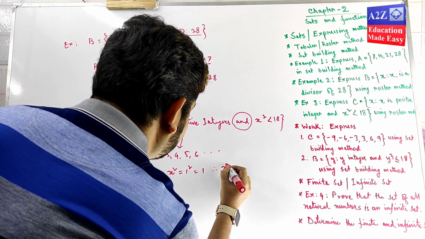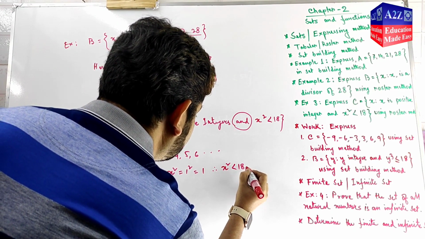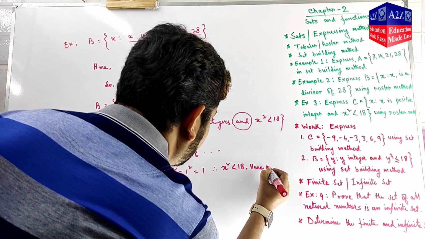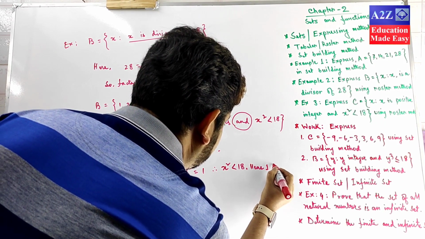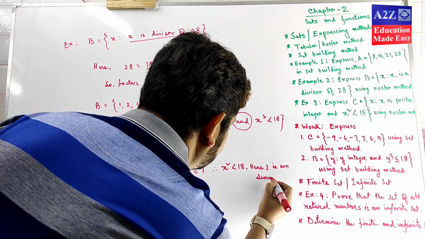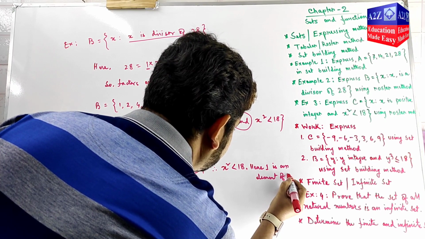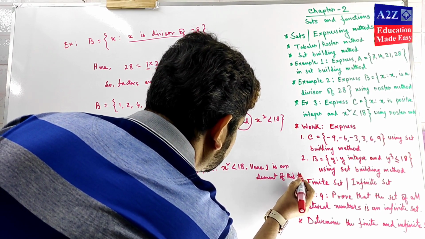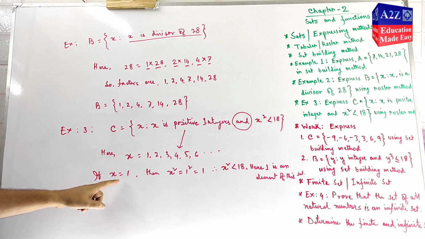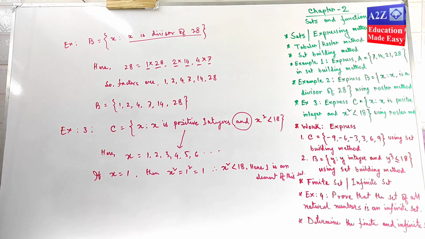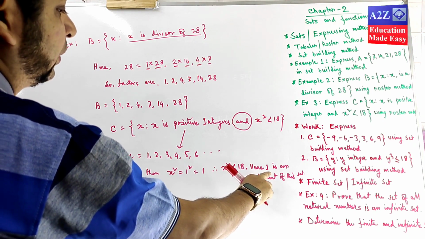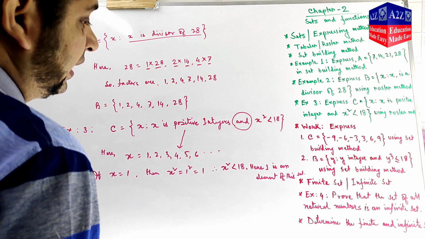So x square is less than 18, hence 1 is an element of this set.